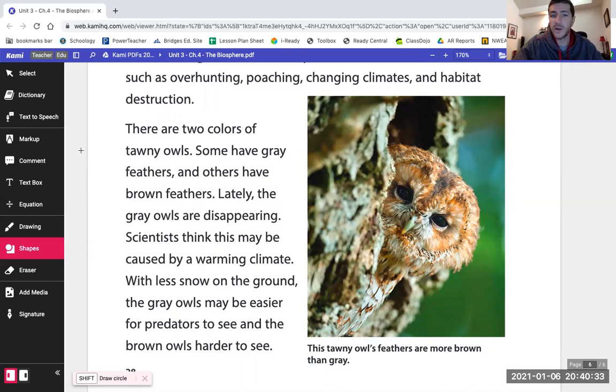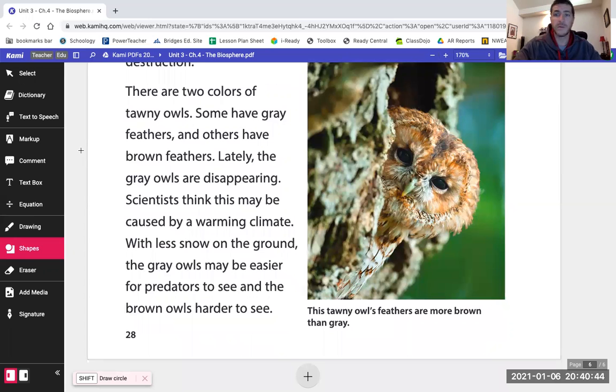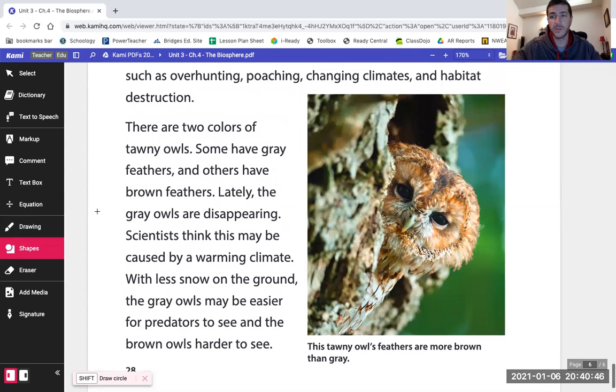With less snow on the ground, the gray owls may be easier for predators to see, and the brown owls are harder to see. Makes sense. They're being able to adapt to it. The brown ones are obviously going to be a little bit harder to see in the trees, where the gray, not so much. So, an example of adapting.